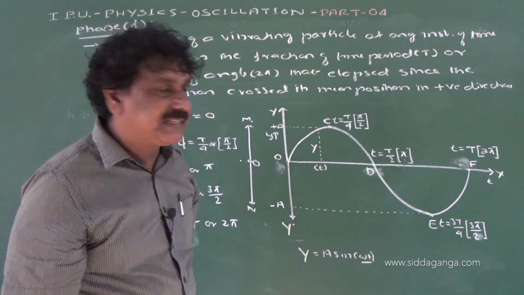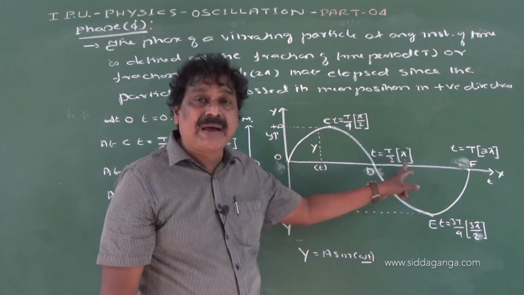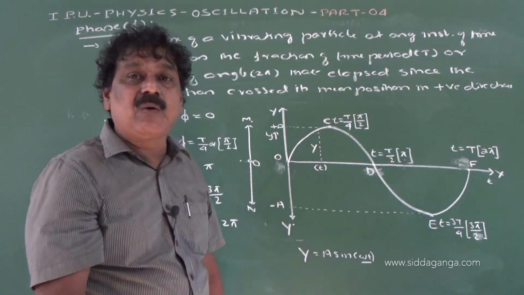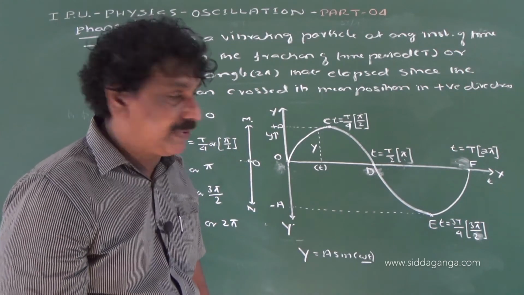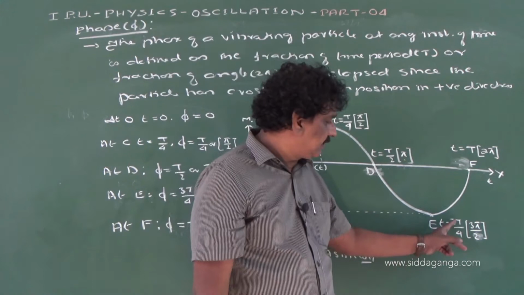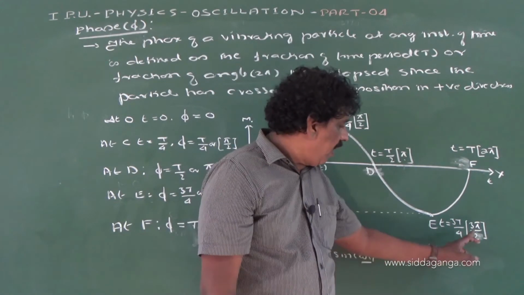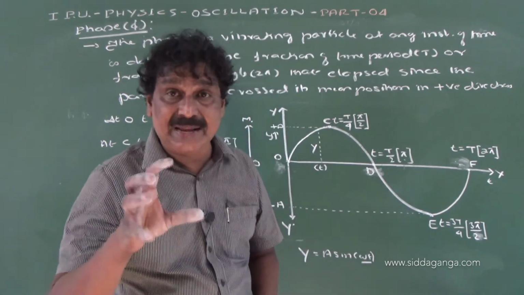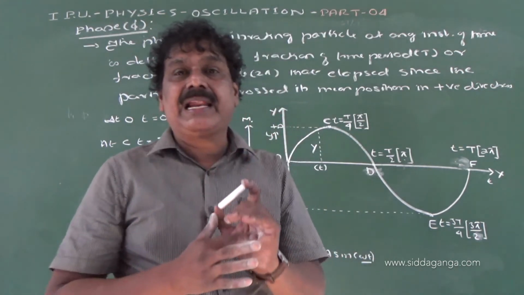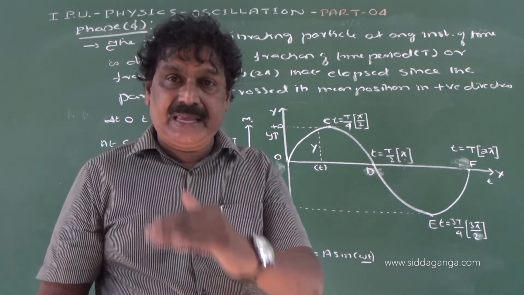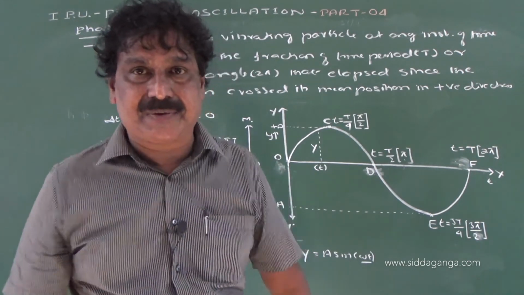When we say the phase is T by 2 or pi, the particle is at mean position after completing one half oscillation or vibration. When the phase is 3T by 4 or 3 pi by 2, then the particle is in extreme position in negative direction.